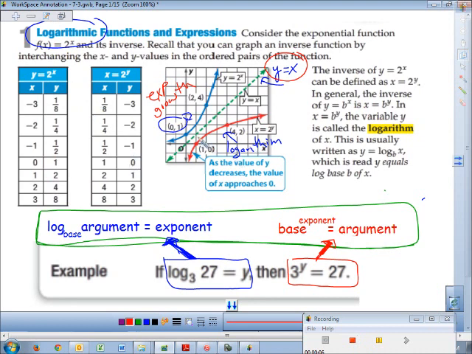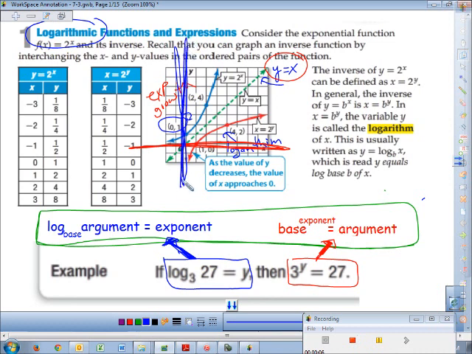Cool. So this red thing is the logarithm graph. It is the reflection of the blue thing over the line y equals x. And since the blue guy had a horizontal asymptote at y equals 0, what do you think?